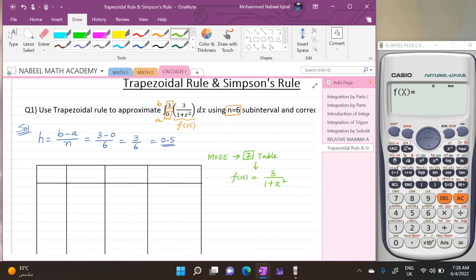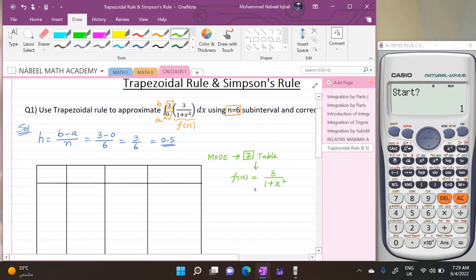So I type the function 3 over 1 plus x square. This is the function I have just entered in the calculator. Now press equal. It asks for g of x. If there is any other function, you will have to put it in g of x. If there is no other function, just press equal. And it will ask for the start.